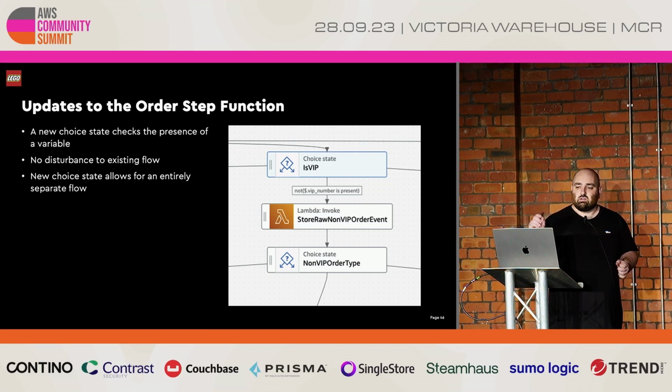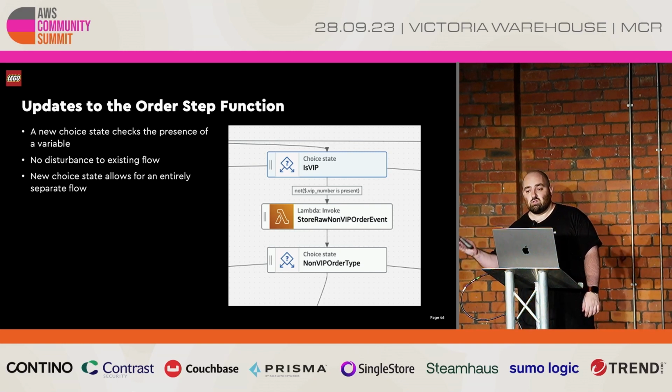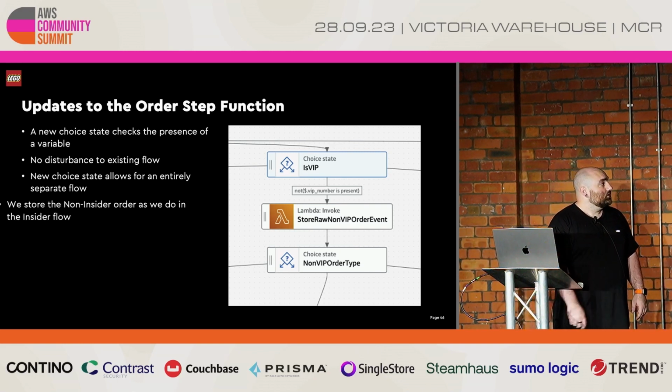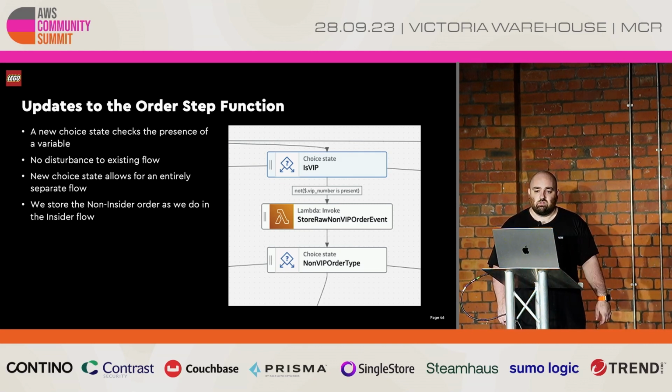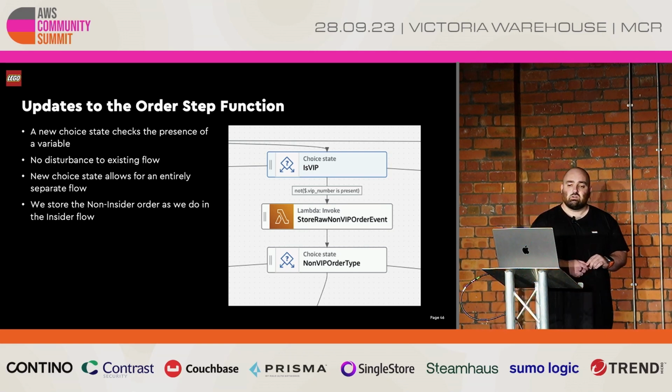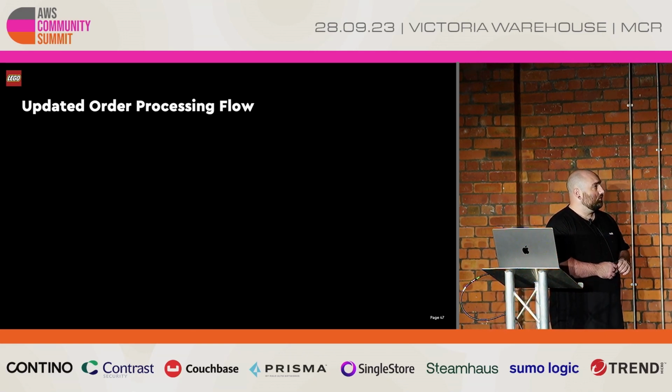And this single choice state step allowed for this entire separate flow to actually work and exist. We do still follow the same thing as we do with the insider. We'll still run our storage first pattern, so we still store that non-insider order as we go through the flow.